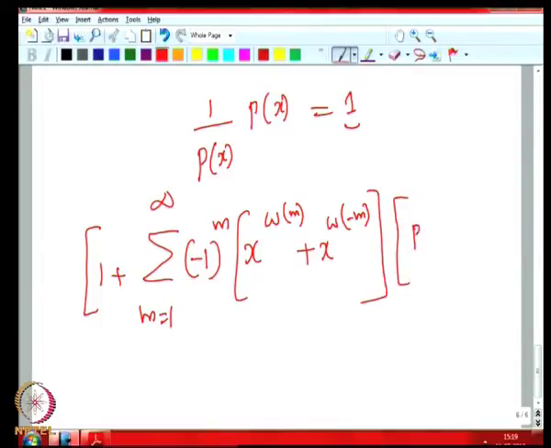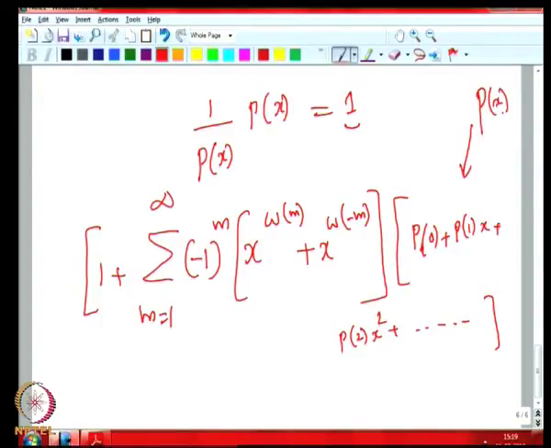P of x is p of 0 plus p of 1 into x plus p of 2 into x square plus so on. This is what is p of x. Now, if you multiply this thing, we have to get 1. So, when we consider the coefficient of x raised to n, we can equate the coefficient of x raised to n from LHS and RHS. What will we get?